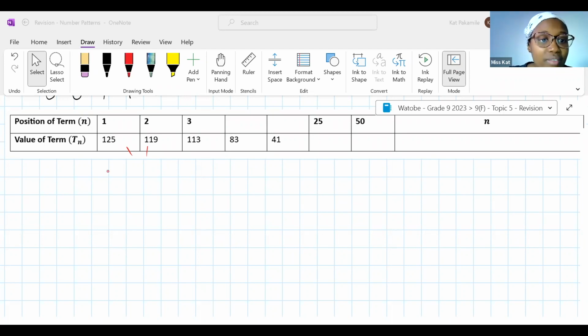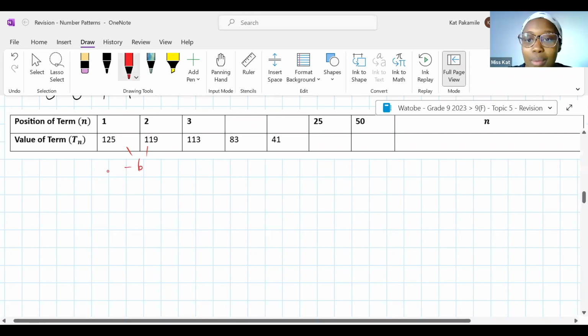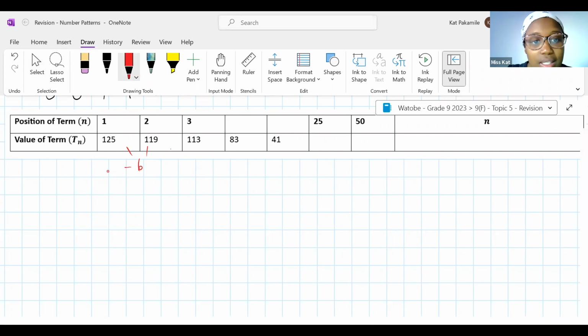Getting from 125 to 119, you subtract 6, so that cannot be a +6. Also, from there to there, we subtract 6. So your constant difference has to be -6. Remember, these signs go with their operations, okay? So this negative belongs to the 6. So the constant difference is not just 6, it is -6. Okay, so now we have D.